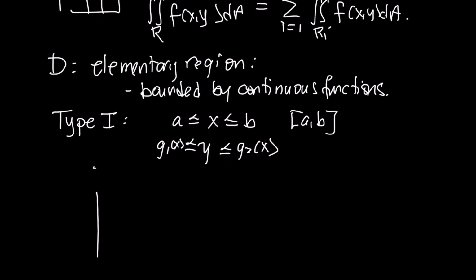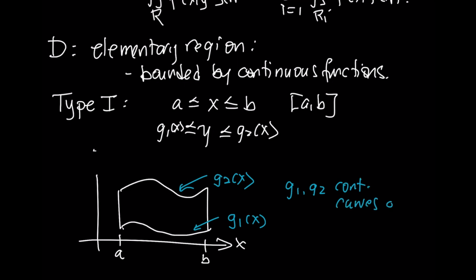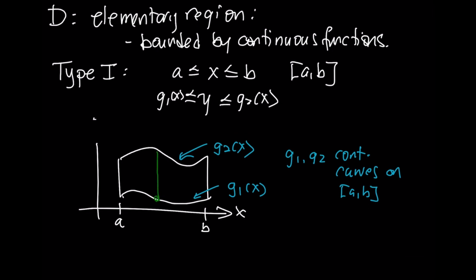We're going to have some straight line boundaries for the x values, but down here, we'll have a continuous curve, g1 of x, and then up there, we'll have some other continuous curve, g2 of x. So again, g1 and g2 are continuous curves on this interval AB. We are going to think of this in the way that you do in Calc 2, where you have some coordinates here that look like this, and some coordinates down here that look like that.